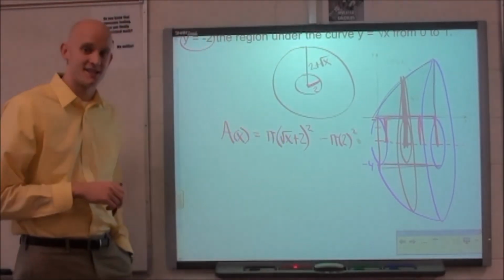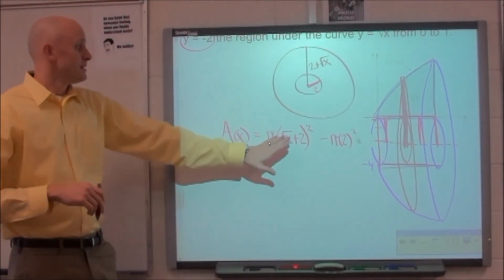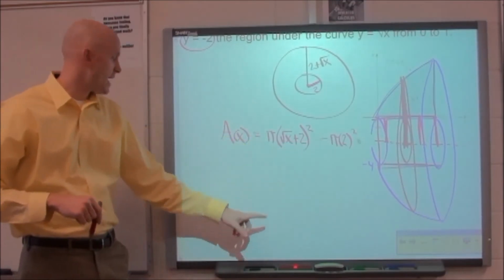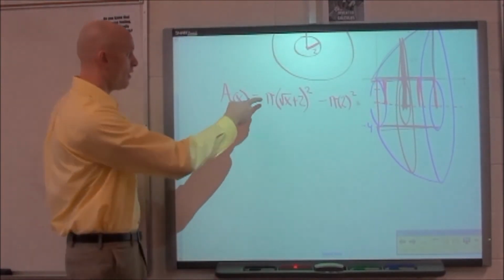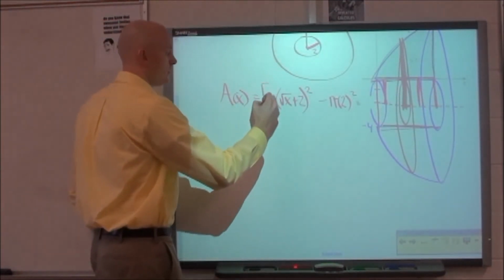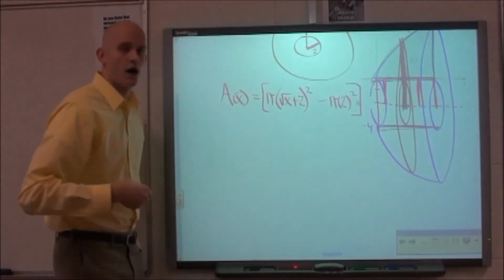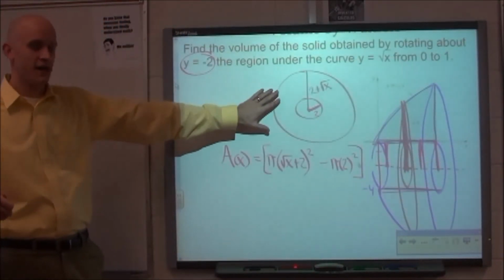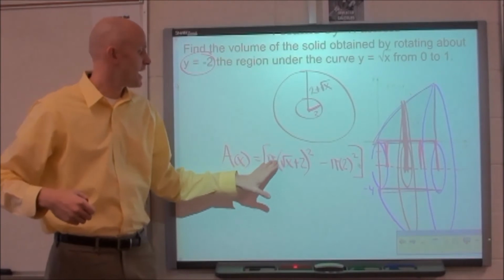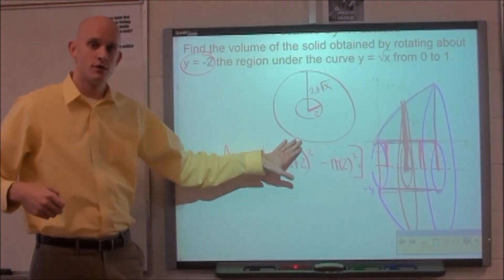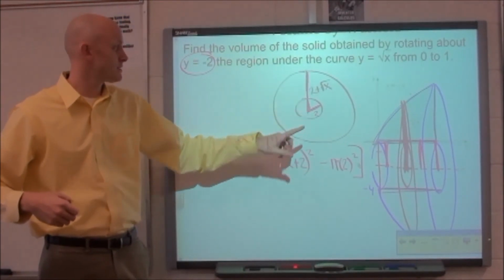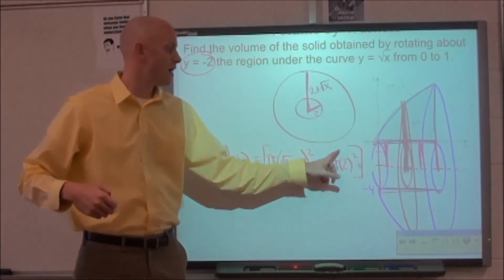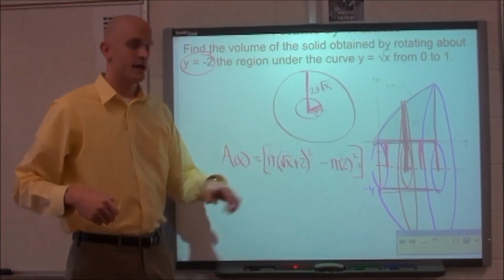That is a constant. Take a look at what we have now. Our area of our cross section is the area of the total, the large radius, minus the area of the smaller radius.